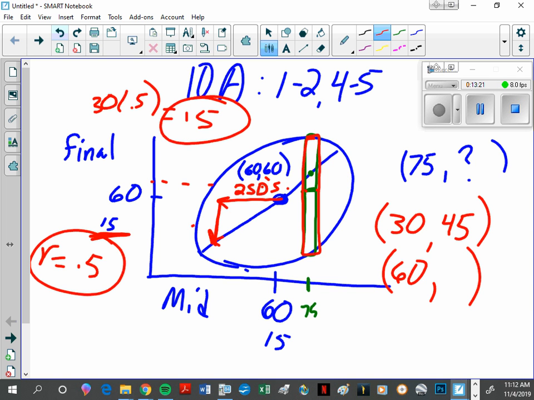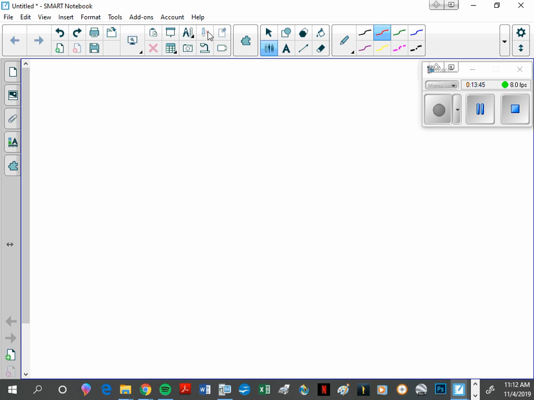How many SDs is 60 from the average? 0. Which means the best prediction is the other average, which is 60. Now, that is the essence of chapter 10. That's pretty much it. I mean, there are little add-ons that we have to do, but that's pretty much chapter 10.